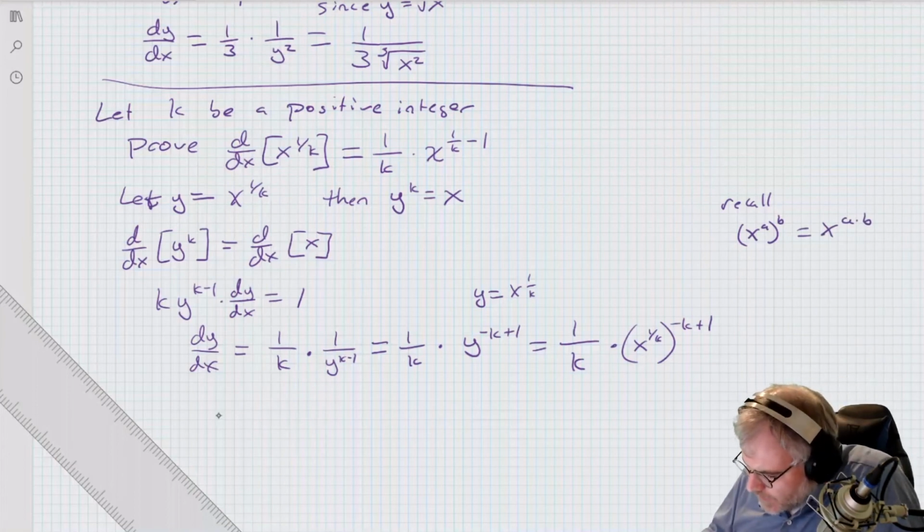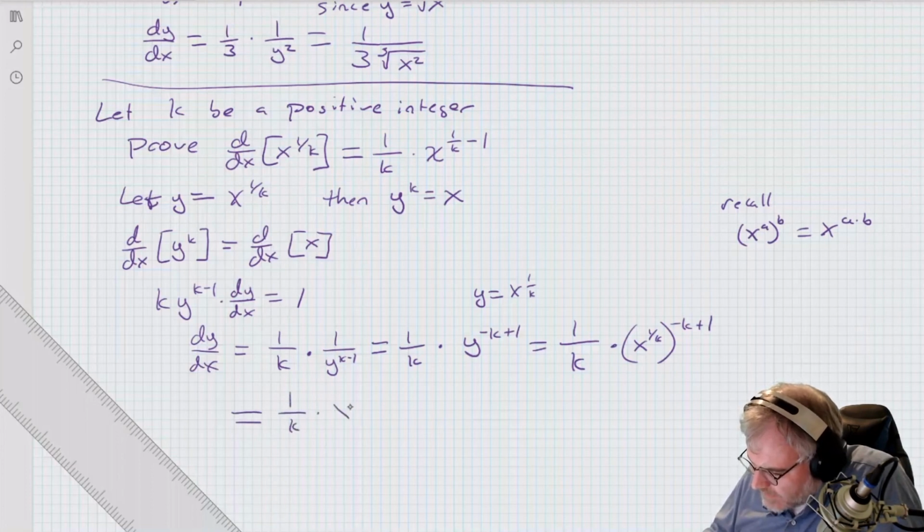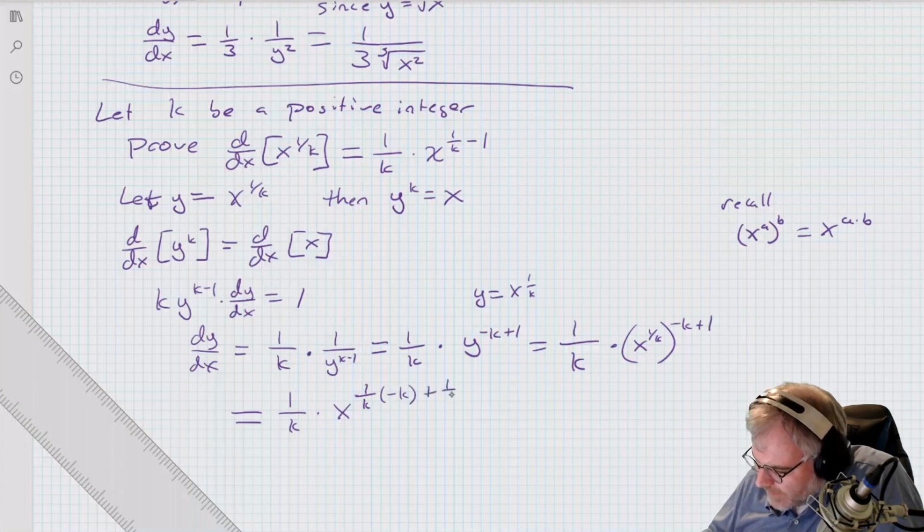So that is going to equal 1 over k times x to the 1 over k times -k plus 1 over k.